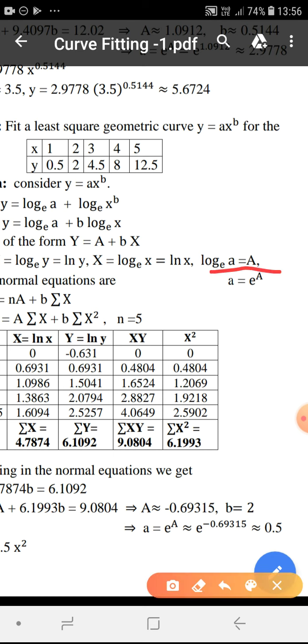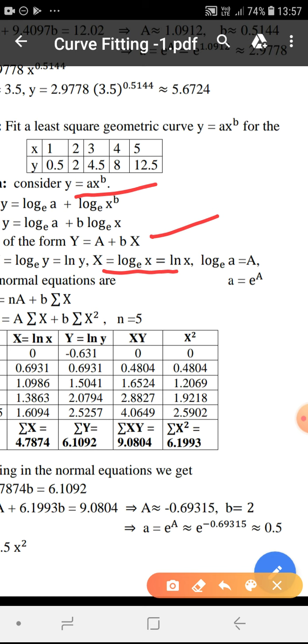So a will be e power capital A. Then capital X will be equal to log x to the base e, or ln x. So the given equation y equal to a into x power b is reduced to the form Y equal to A plus bX, which represents a straight line. To fit this straight line we need to calculate capital A and small b.